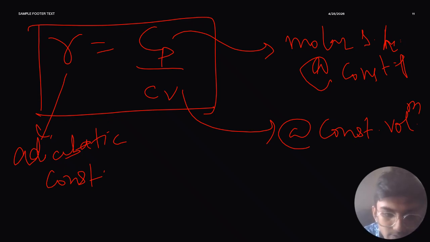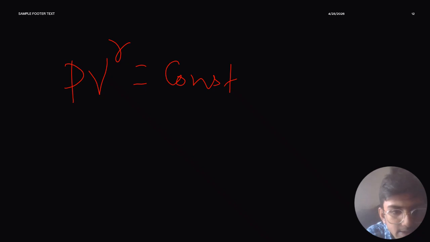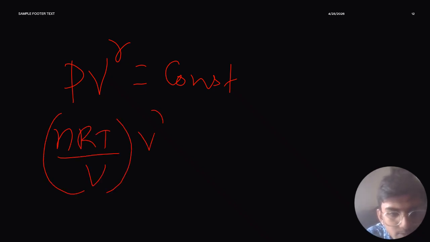So gamma is the adiabatic constant, Cp over Cv. How we can transform it, that I can discuss now. PV power gamma is equal to constant. From this we can write nRT over V into V gamma. Now nR is constant, we can send it to the right-hand side, and that again will be a constant. So T V gamma minus 1 is equal to constant.